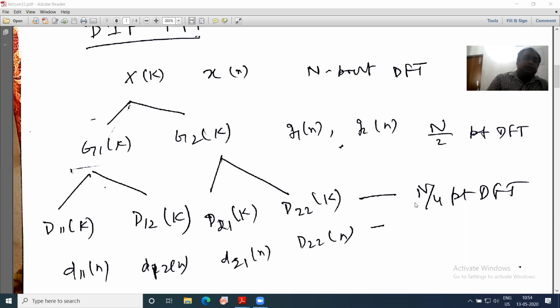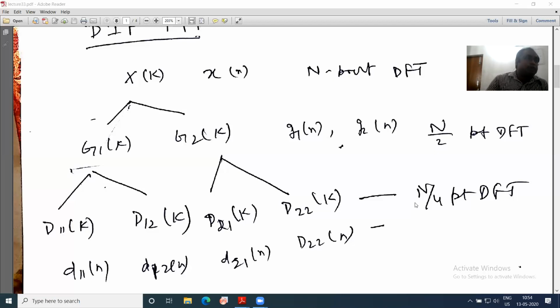Now, in decimation in time, decomposition or decimation of odd and even counterpart is carried out in time domain, that is DIT, and if the decomposition or decimation is carried out in frequency domain, then it is DIF, right? So carrying out the decimation or decomposition actually distinguishes these two algorithms.